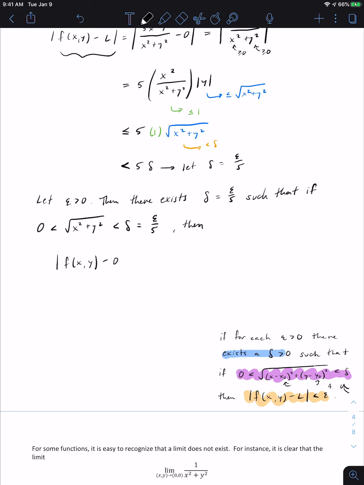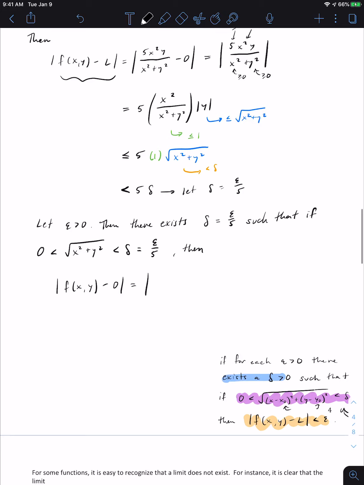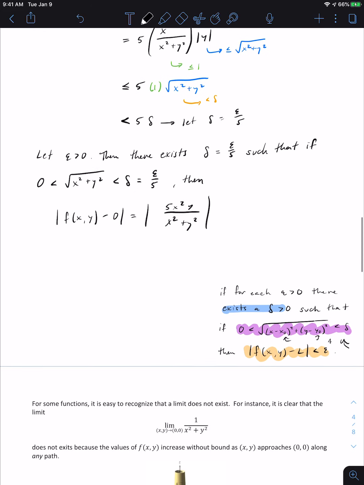minus 0, which we already did a lot of this work on. It'll be a little bit redundant, but what is f of (x, y)? It's x squared y over x squared plus y squared, minus 0. So again, what is this?